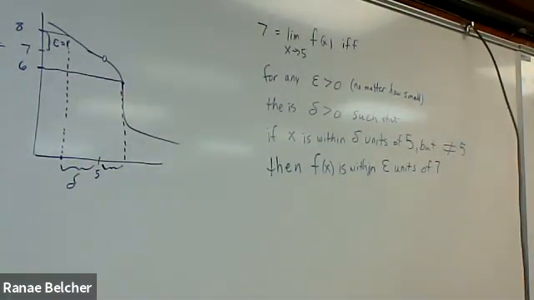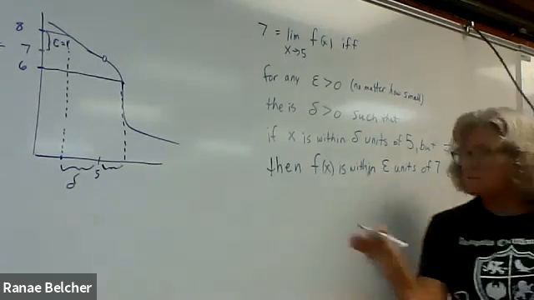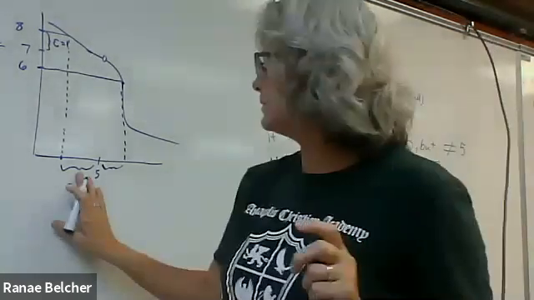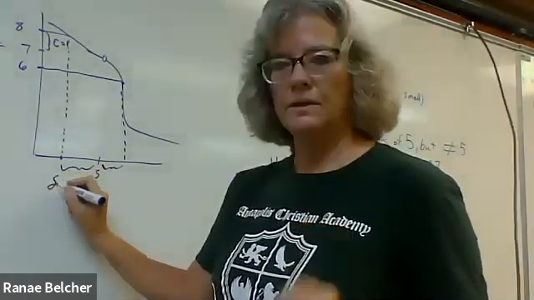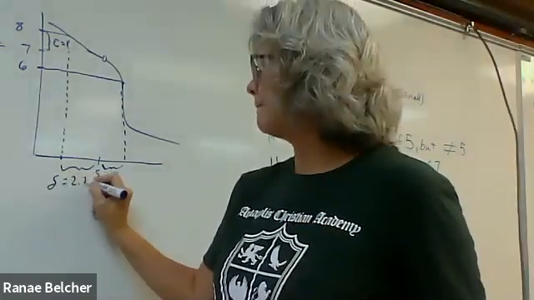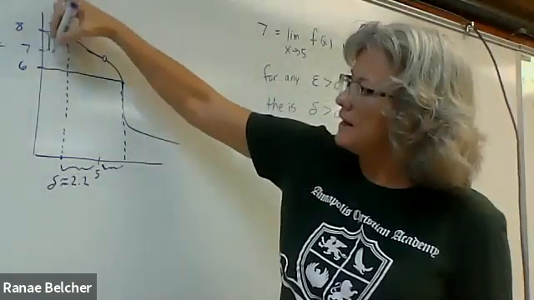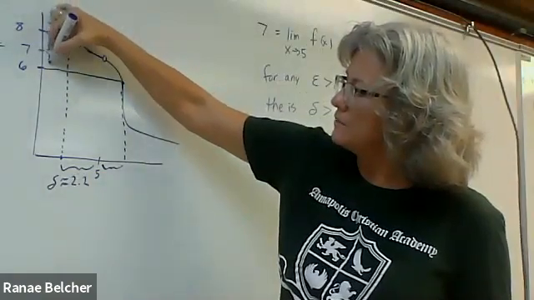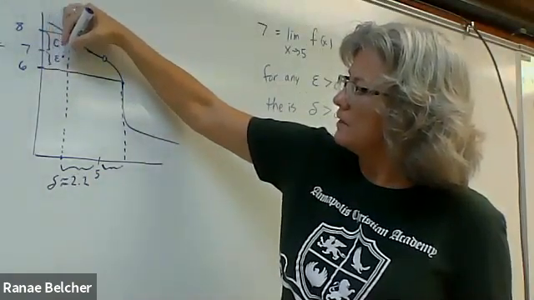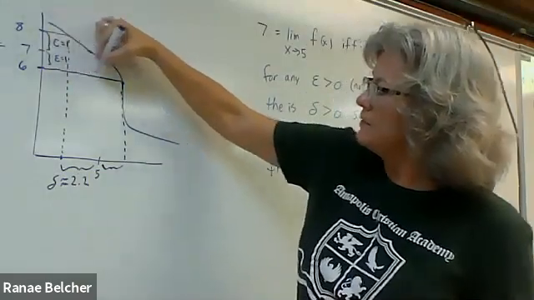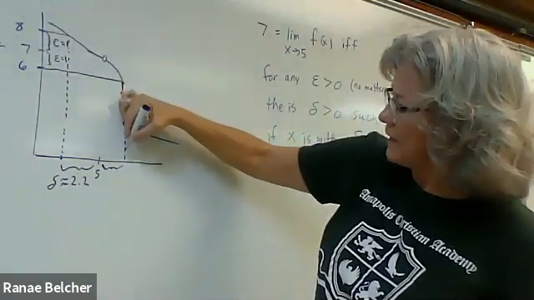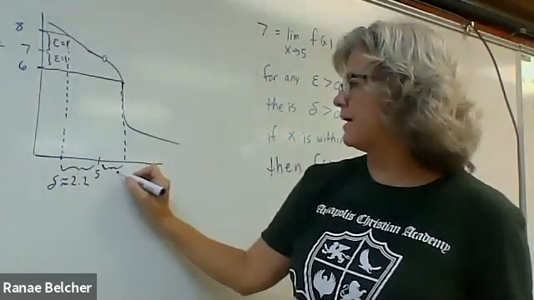I think it's much smaller. You went down to 6 because epsilon has to be 1, because that's what they said. Then you come down and see how far away that is from 5.